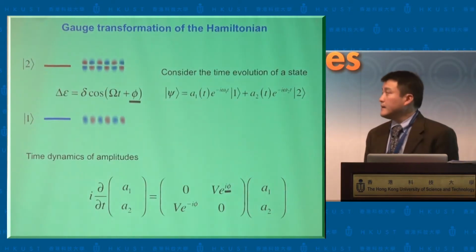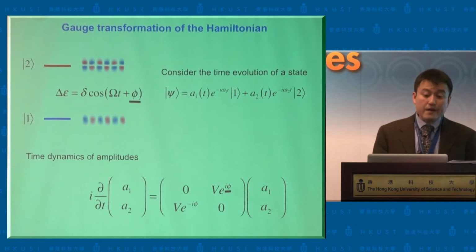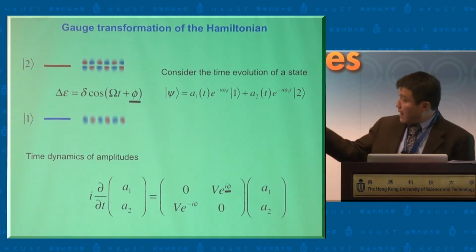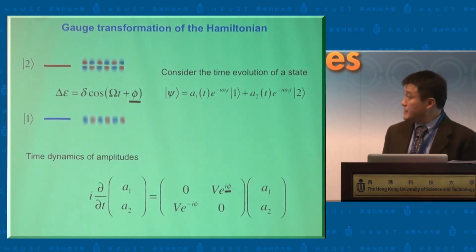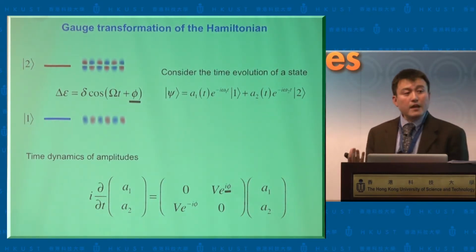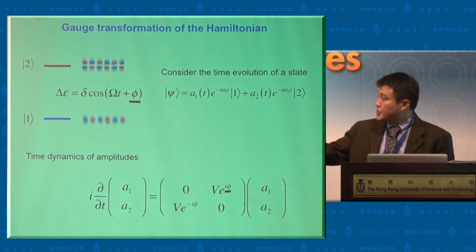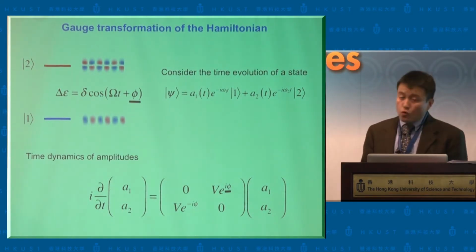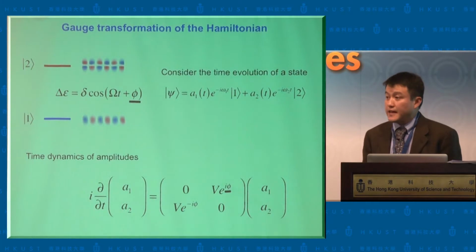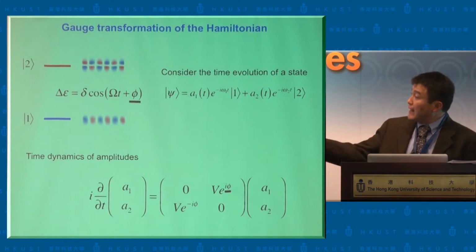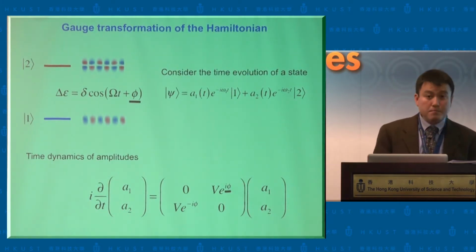So let me start with this, again, with a simple example. Now I put in the modulation phase, and I solve the system. So I consider the system at any given time being the linear superposition of one of these two states. So in doing so, I can write down the amplitude in front of these states, and you will get a 2x2 matrix governing this amplitude.